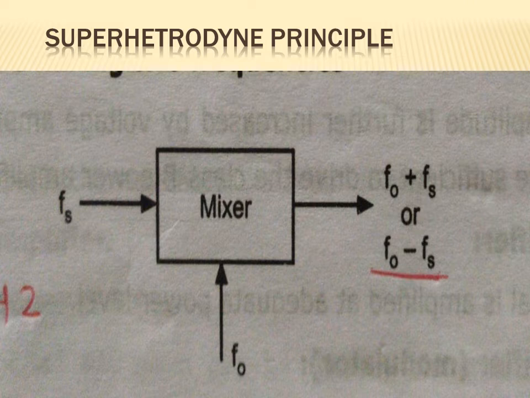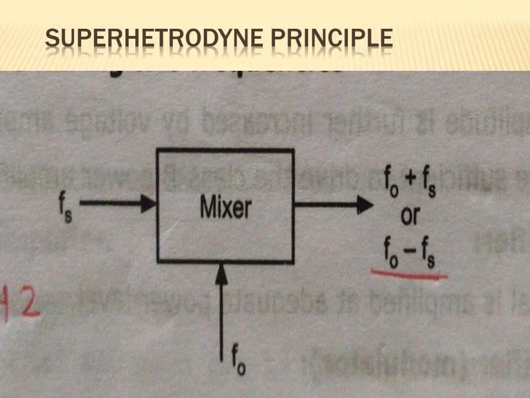So first we see what the superheterodyne principle is. The superheterodyne receiver uses a mixer, which is used to mix the input signal frequency fs with the local oscillator frequency fo, and it generates four frequency components: fo, fs, fo minus fs and fo plus fs.